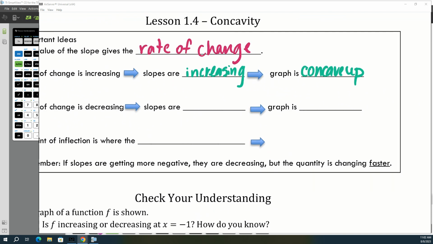And concave up looks like a cup. When the rate of change is decreasing, the slopes are also decreasing, and the graph is concave down. And that looks like a frown.